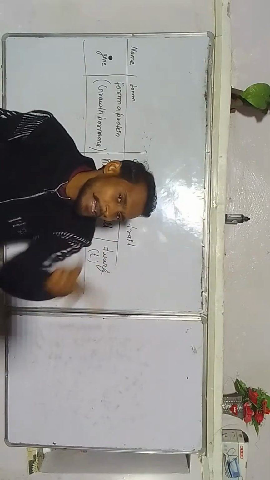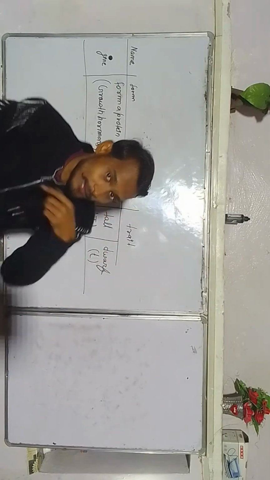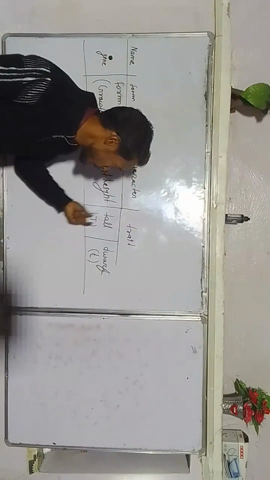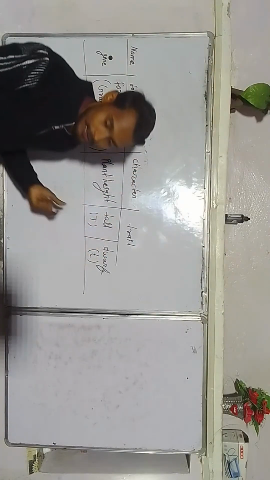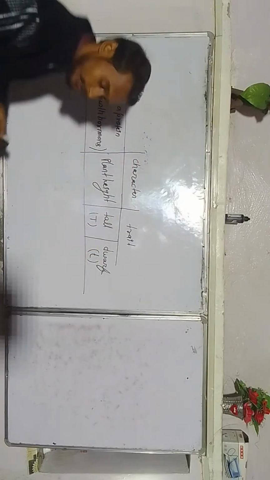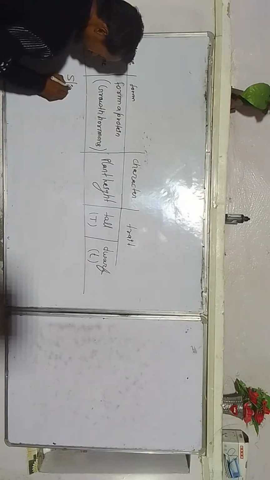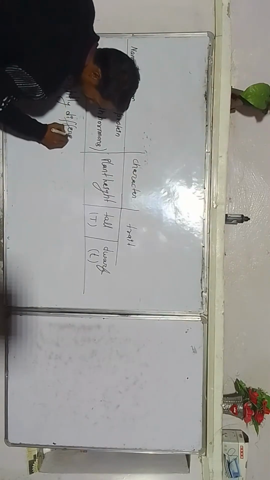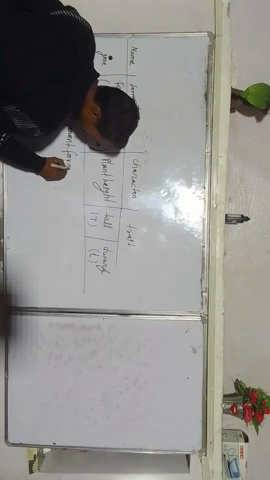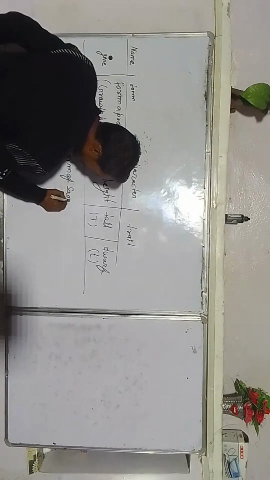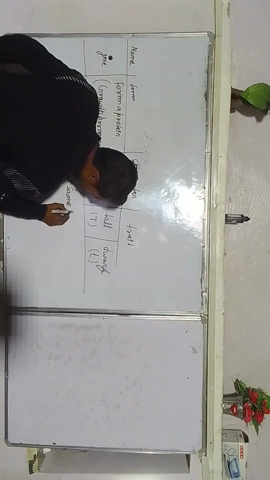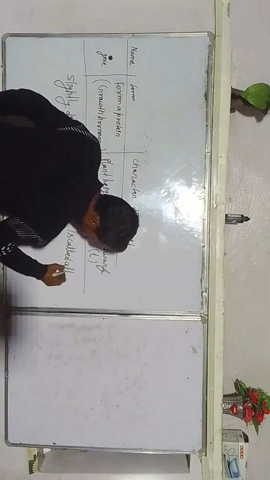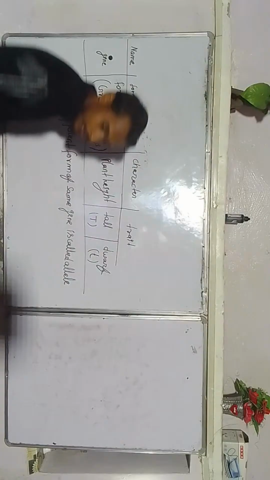A slightly different form of the same gene is called an allele. Okay.